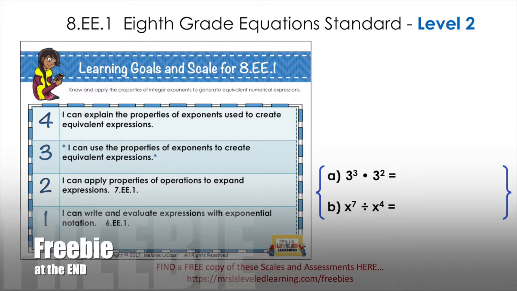After they have a few minutes to try that problem, you can show them level 2. Properties of operations to expand or simplify expressions means that students know how to combine or simplify the coefficients for each exponent. 3 to the 3rd power times 3 to the 2nd power, x to the 7th power divided by x to the 4th power.